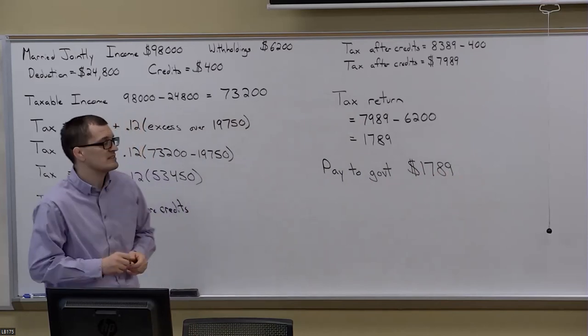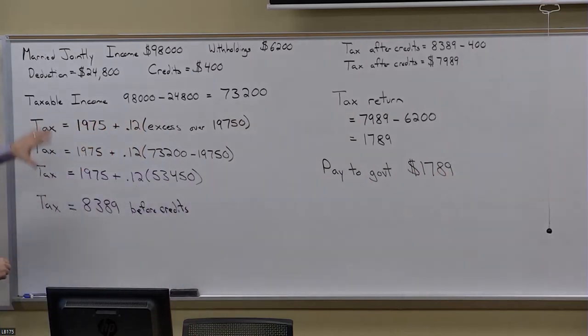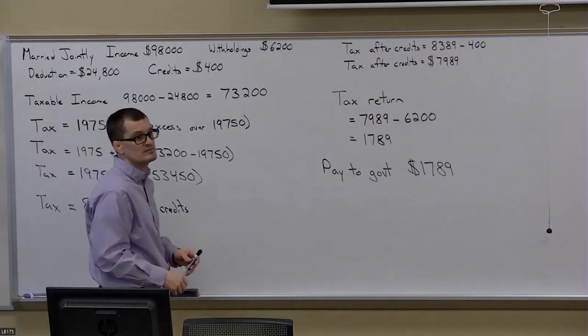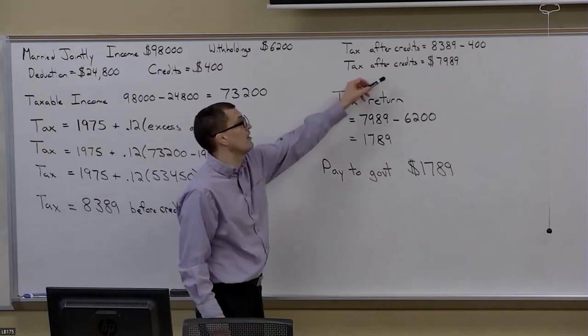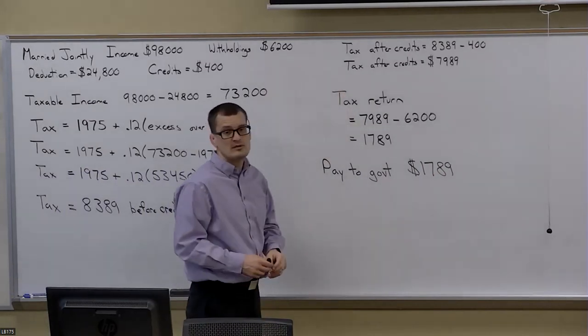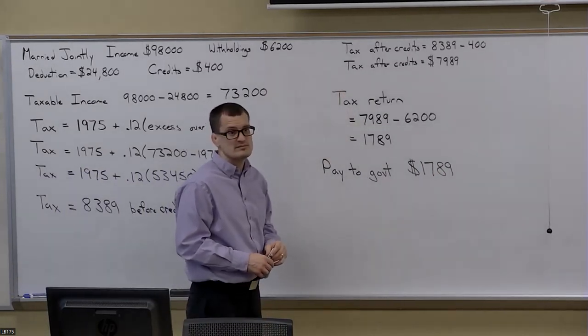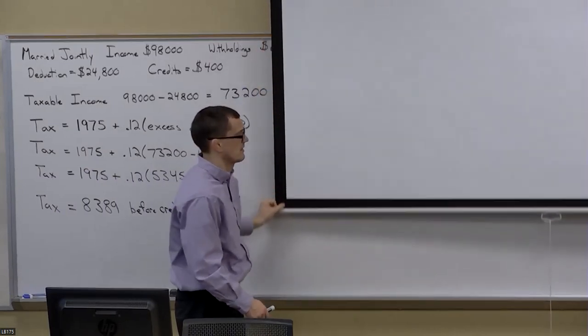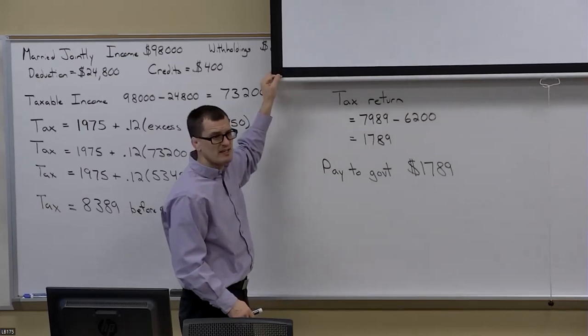So the tax calculation works exactly the way it did before. And then we have this additional step of figuring out what's the difference between what I owe versus the withholdings. Everybody get that? Fine.